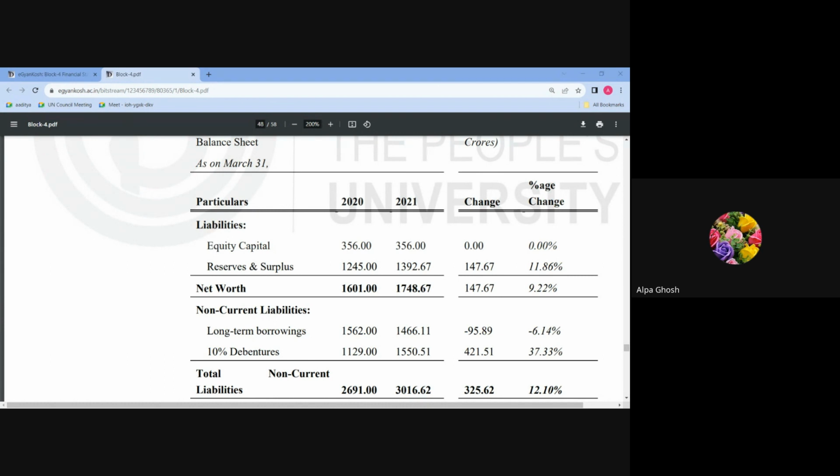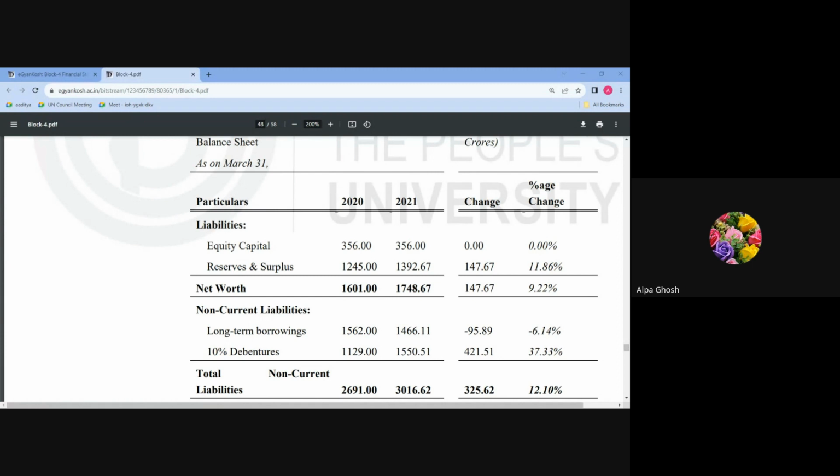Now take reserve and surplus. Reserve and surplus previous year is 1245 and current year is 1392. So when you subtract previous from current, what do you get? A change. Your reserve and surplus has increased by 147 crores.